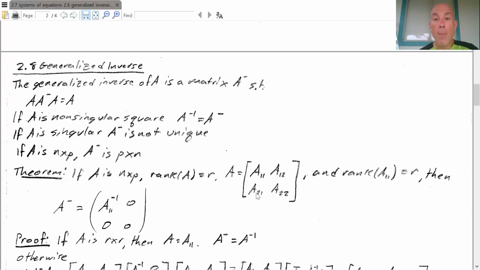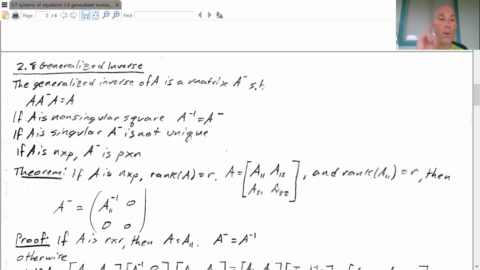Now, if I think about the rows going this direction, having rank R on A11 means that all the rows in A21 have to be in the span of A11. All right, so there's a lot of stuff going on. And so really, these guys are just dead weight for this purpose.